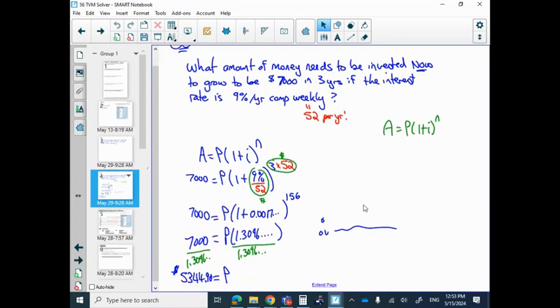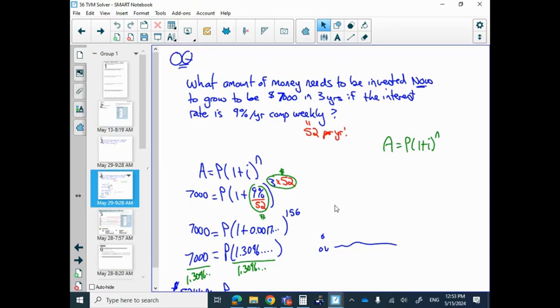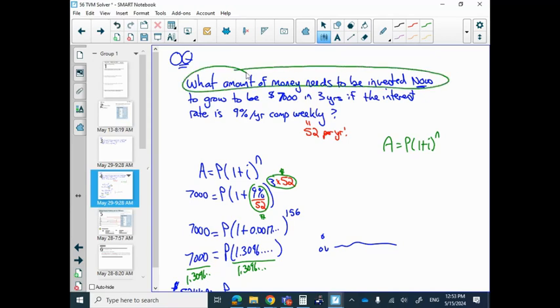So what you should end up with there would have been, I'll add some work to this here, but we would have started saying, okay, we want to know how much money needs to be invested now. That's what we asked, right? And so notice that that's P equals, so that's the P we're looking for. Grows to be 7,000, that's your A, in 3 years.